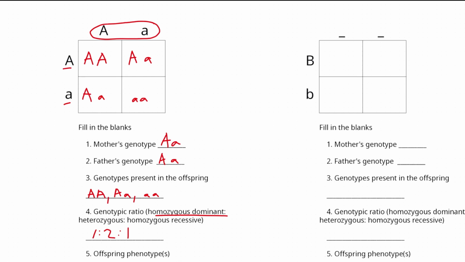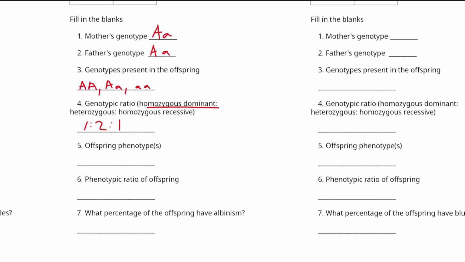So the phenotype would be 3 without albinism, and then 1 with albinism.